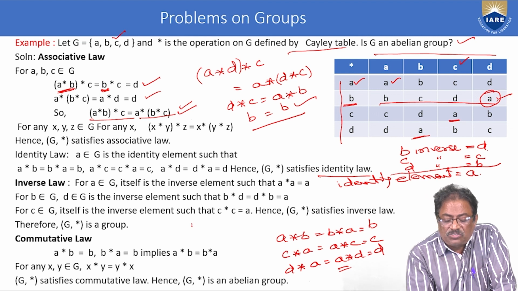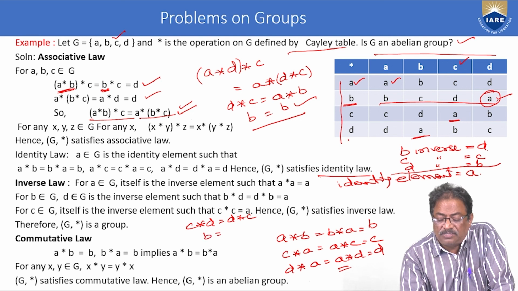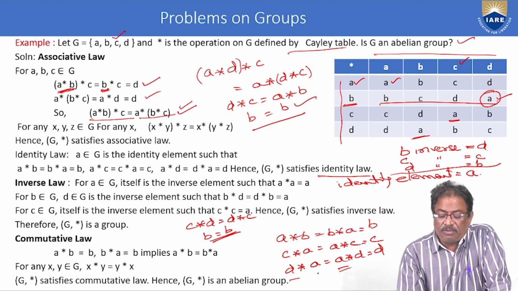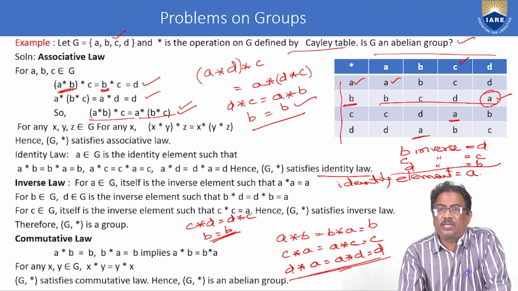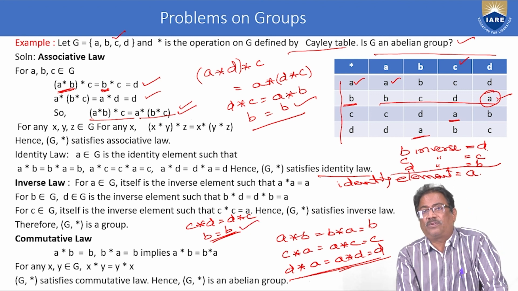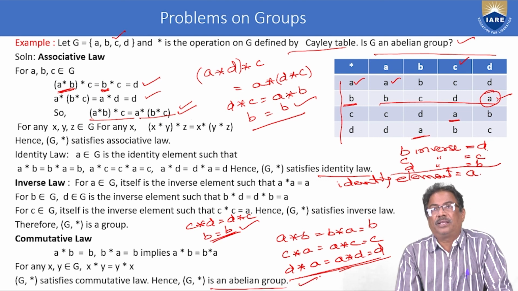So let us say C star D is equal to D star C. C star D is B, and D star C is B. D star B is C. If I multiply with the identity element, we get the same element, but other than that also both are satisfying the commutative law. So we can say that it is an abelian group.